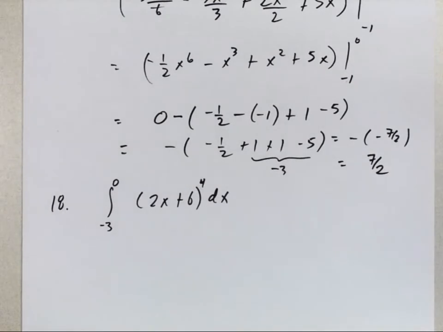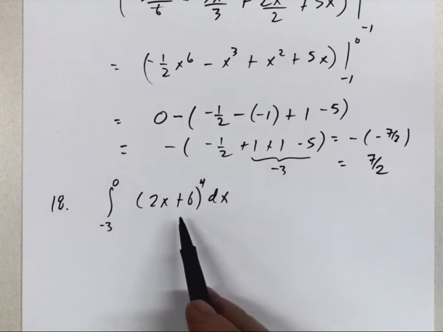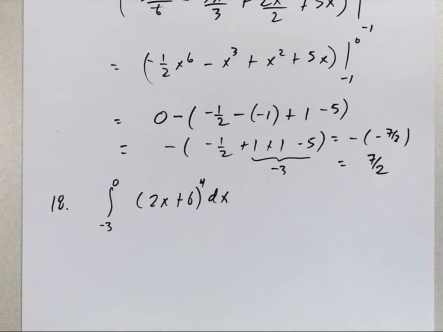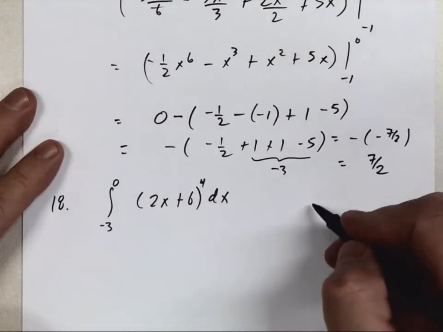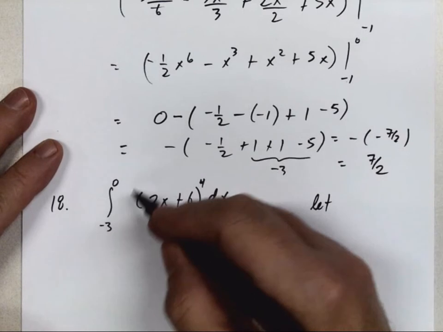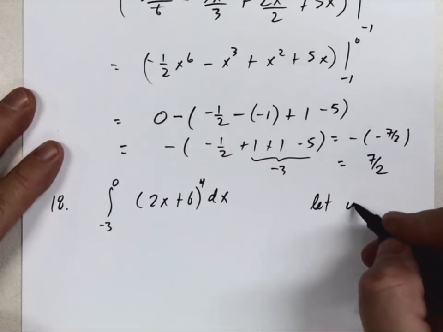To integrate this, I need to use substitution, what we practiced a little bit ago. I don't want to multiply 4 of these parentheses together. So let's integrate with substitution, and then we can plug in our numbers.